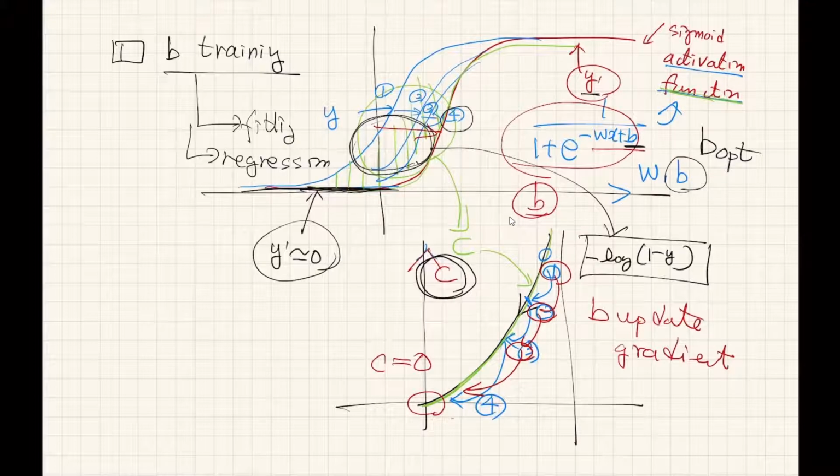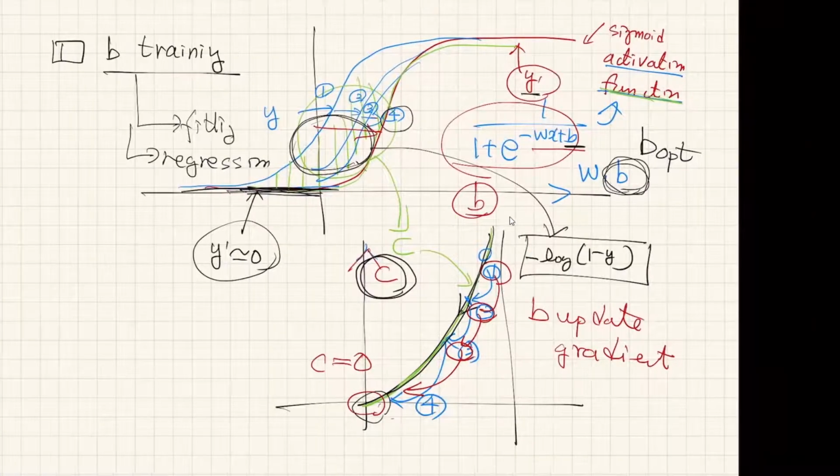So by changing b, cost will come down to this value where C is equal to 0. The reason this entropy part is more dominant is because most of the cost area is between this y and y dash, where y dash is equal to 0. Let me continue.